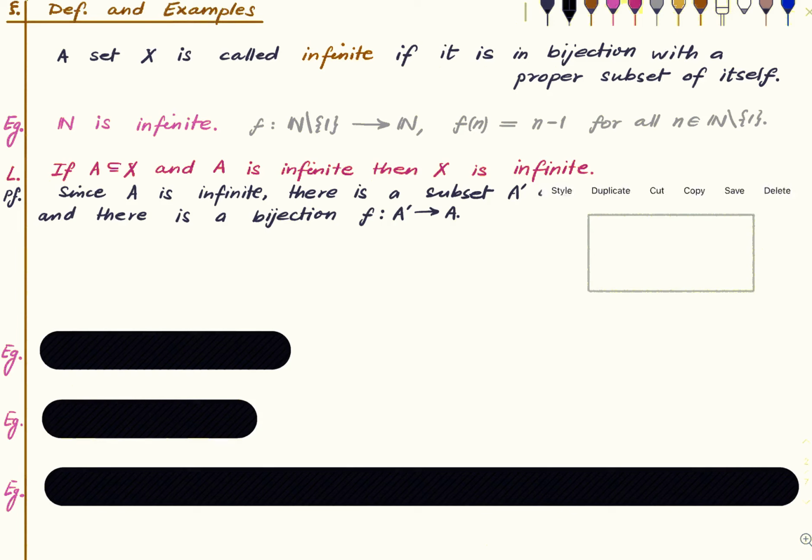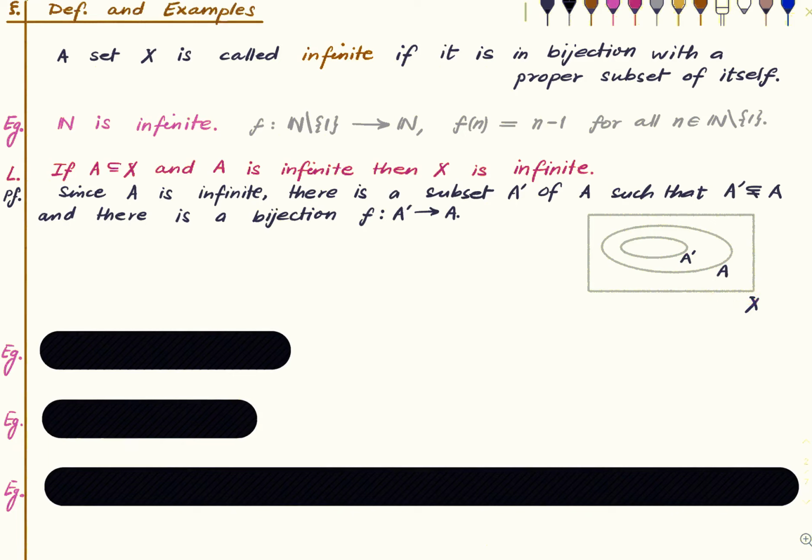This is our set X, that is our set A, and somewhere we have A prime. And there is a bijection between A prime and A. So there is some map which kind of expands this blob out and converts it into this blob.